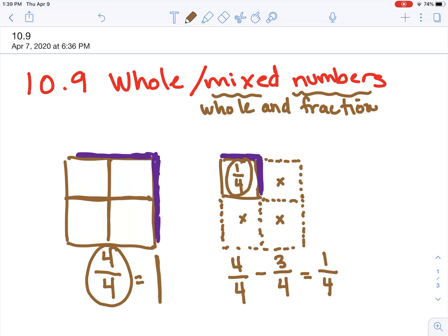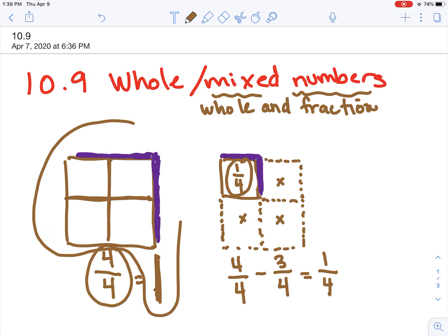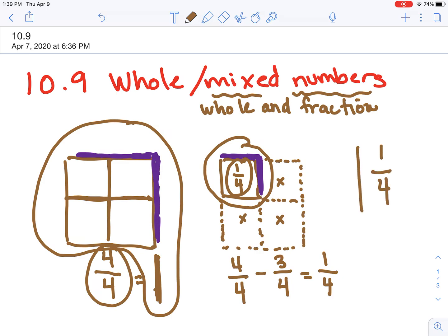Any number, 4 parts out of 4 parts, 8 parts out of 8 parts, 100 parts out of 100 parts, that equals 1 whole. So if I said, Joel, how much do you have left over for after school? He could say, I have 1 right here. See, that's 1, and 1/4. And we write that like this, 1 and 1/4.